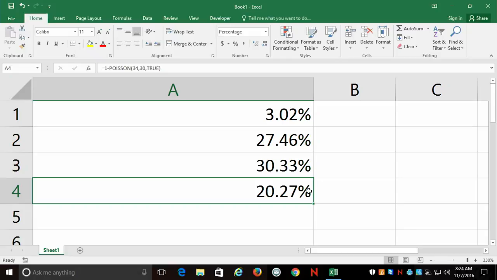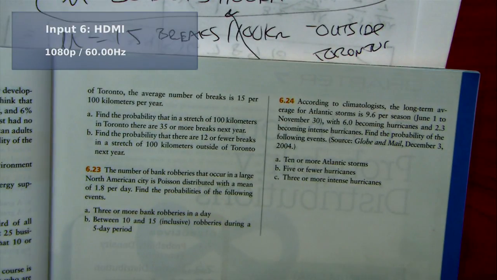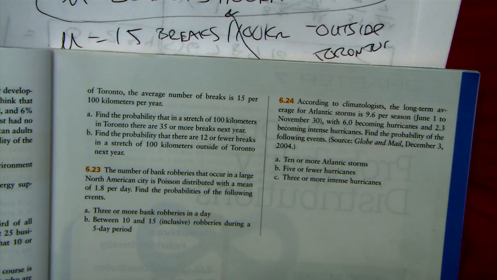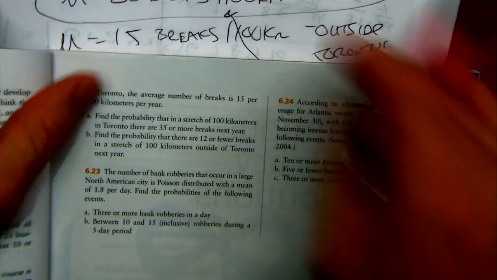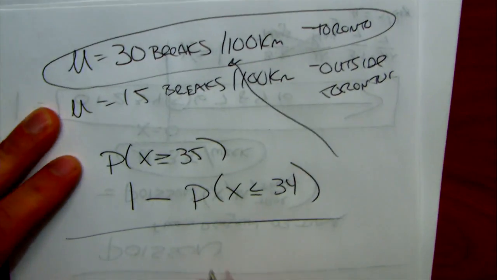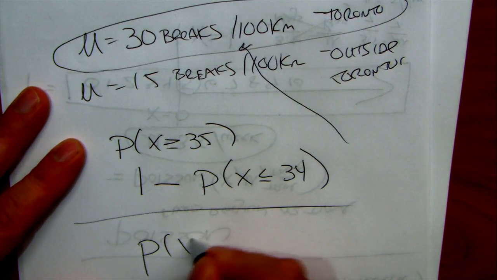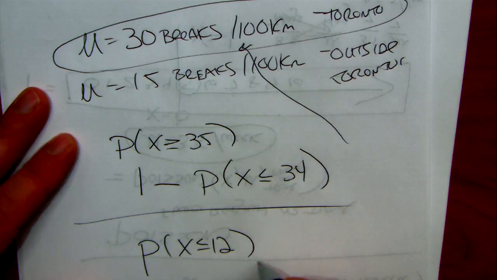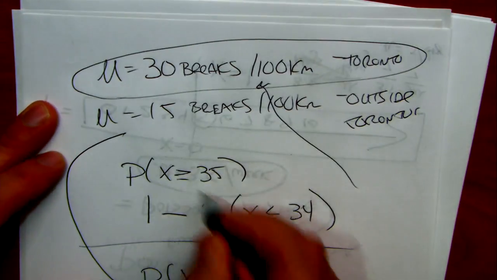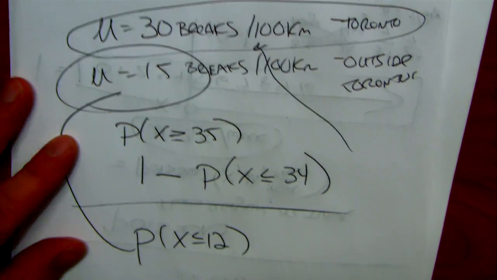Let's look at part B. It says, find the probability that there are 12 or fewer breaks. Let me do this. Find the probability that there are 12 or fewer breaks in a stretch outside of Toronto. So that's pretty easy. So we're looking for the probability of 12 or less, and I'm talking outside Toronto, which has an average of 15.